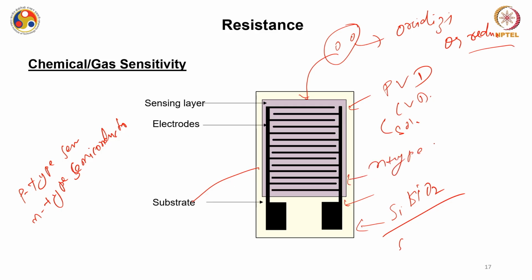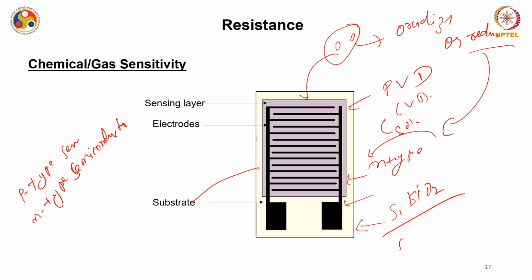When I say n-type material, it means the conductivity is majorly due to movement of electrons. Now this reducing gas will come near the film, and usually this gas cannot interact directly with the semiconductor. It interacts with some oxygen species.